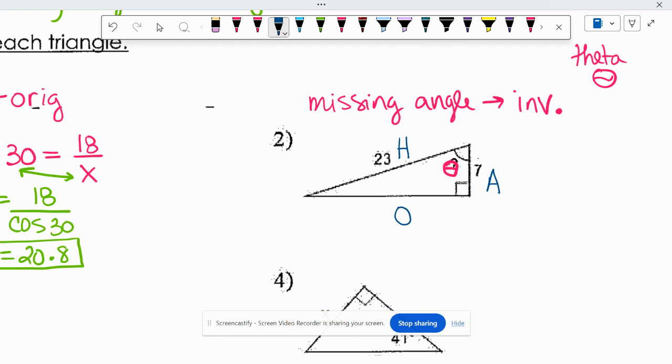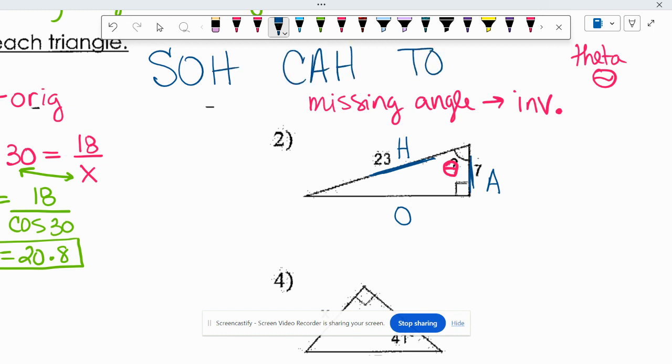Okay. So David, what trig function uses H and A? Yep. Guys, remember the SOHCAHTOA. Cosine. So the cosine of theta is the adjacent over the hypotenuse.